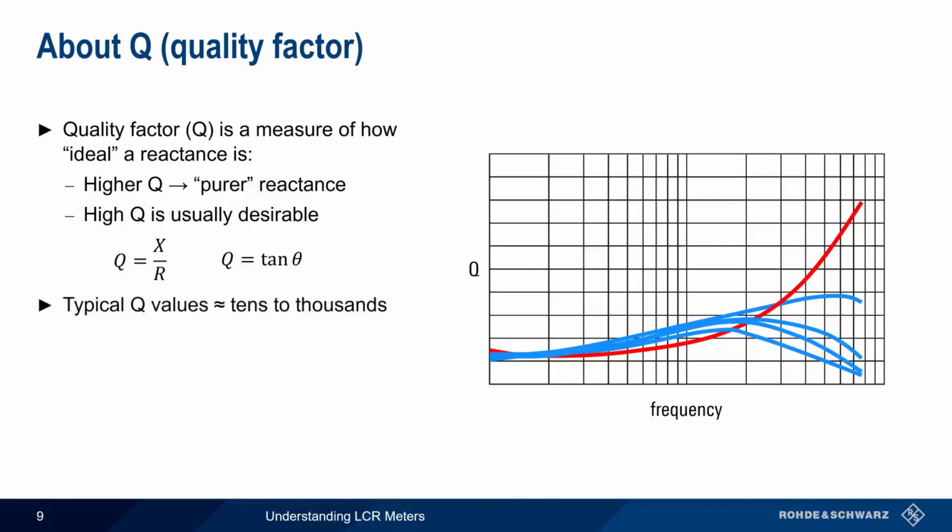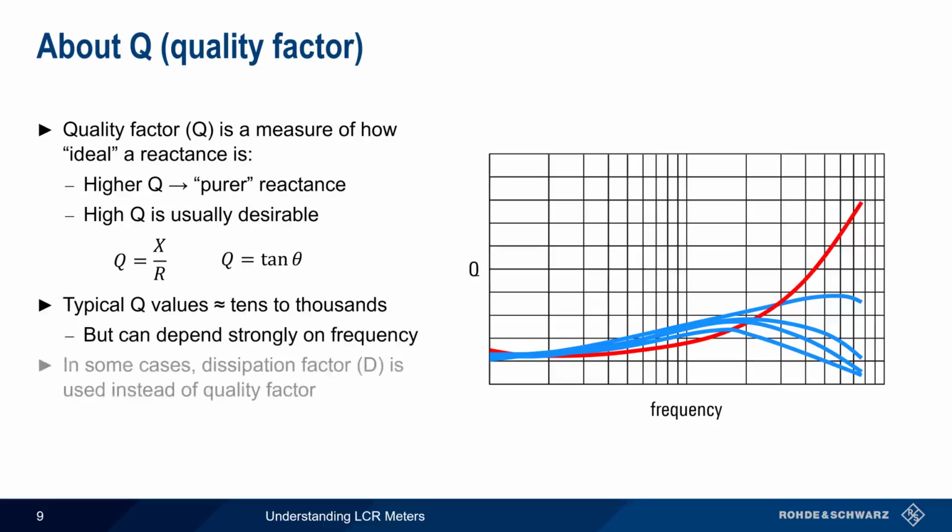Typical values of Q are in the range of tens to low thousands, but as can be seen in the diagram, Q can also vary strongly with frequency. In some cases, particularly when measuring capacitance, the dissipation factor D is used instead of the quality factor Q. D is just the reciprocal of Q, or can be computed by taking the tangent of the loss angle delta.